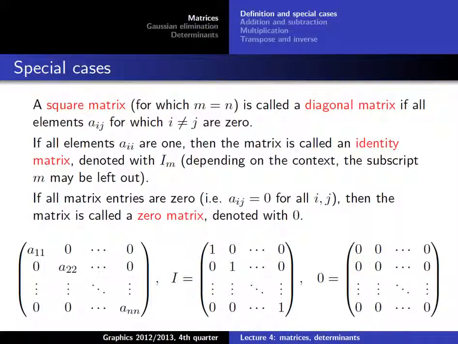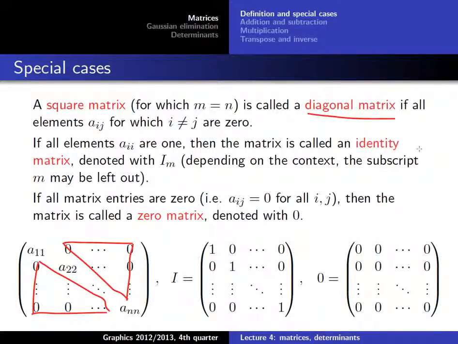And if this square has 0 values everywhere except for the diagonal, so only the aii coefficients can be unequal to 0, then we call this a diagonal matrix.